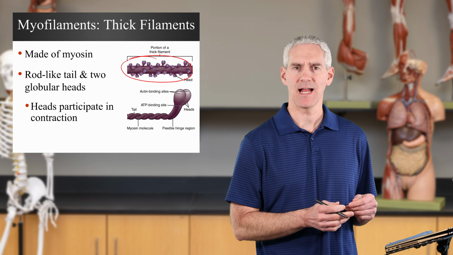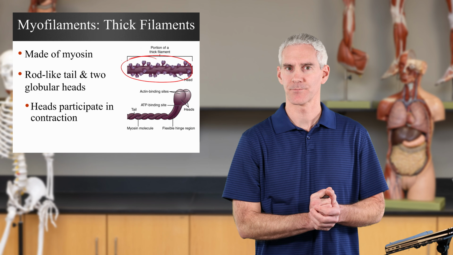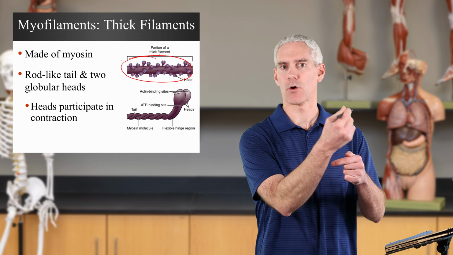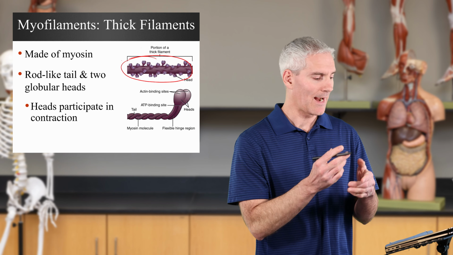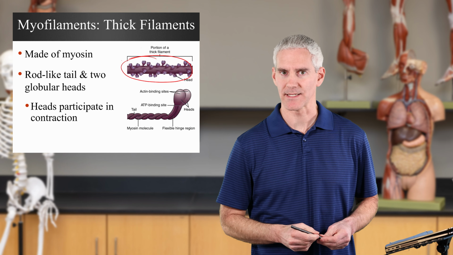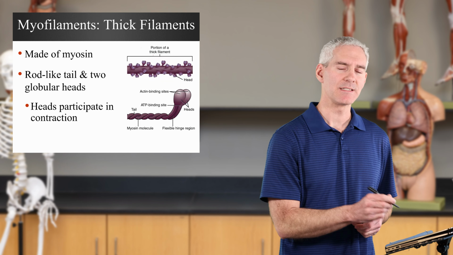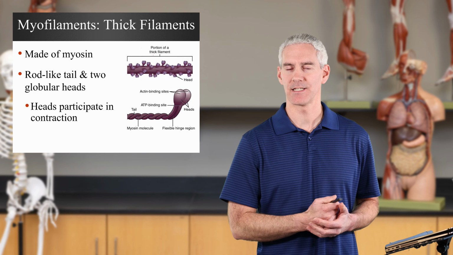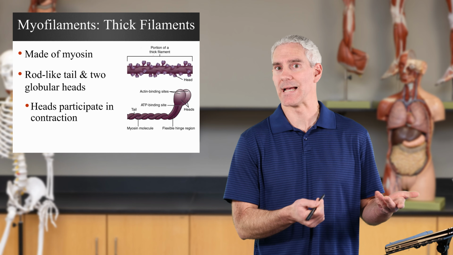You'll see there are myosin heads sticking out at all different places. They're sticking out at a full 360 degrees around that strand, and they're staggered down the entire length. That's because these myosin heads need to attach to the actin units. That's why there are myosin binding sites.